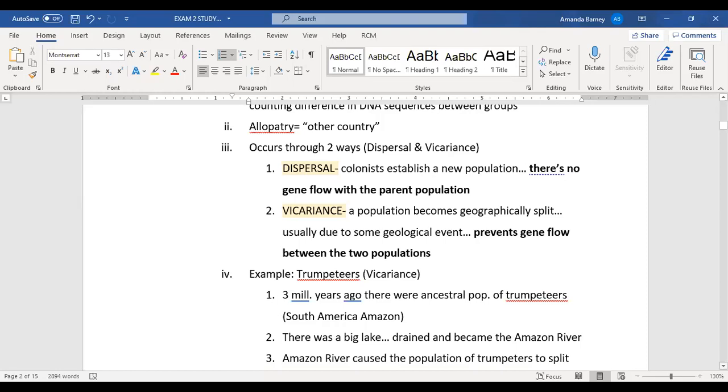And when they go there, they start their own colony, they establish it, and then something blocks them from having gene flow back to their parent population. So now that you have this inability for genes to flow back and forth between the two populations, over time they'll slowly diverge. And as they diverge, they'll become genetically different species, and then they'll be unable to mate again.